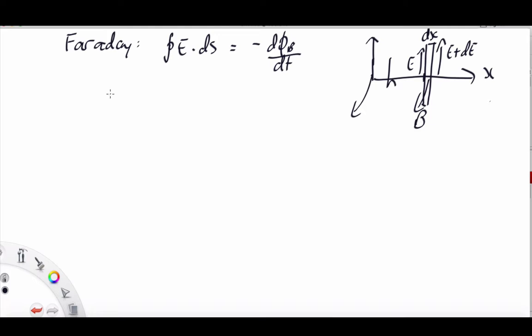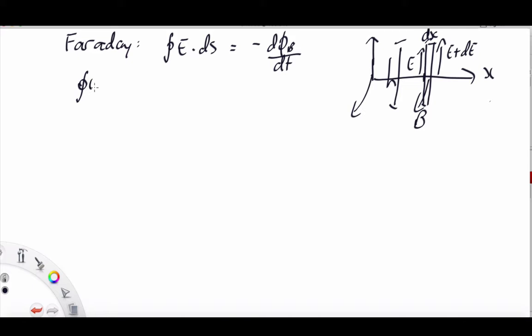So let's use Faraday's law, and we're going to take the electric field around this rectangle. The only components that won't equal zero are those vertical components where we've got E in the direction of ds. So top and bottom, where we're moving at right angles to the field, it'll be 0.